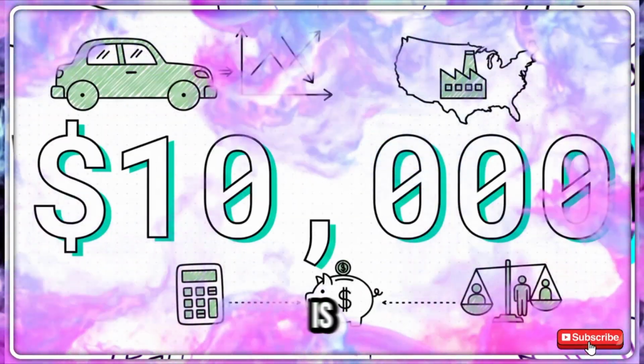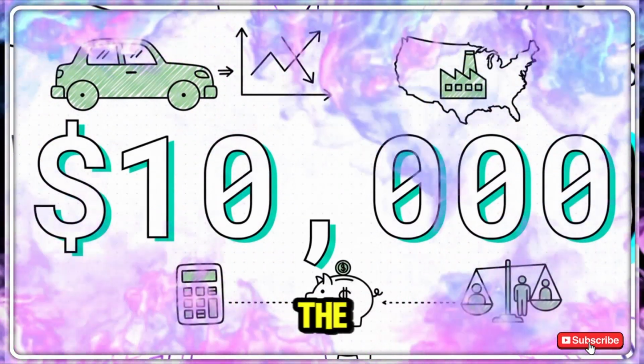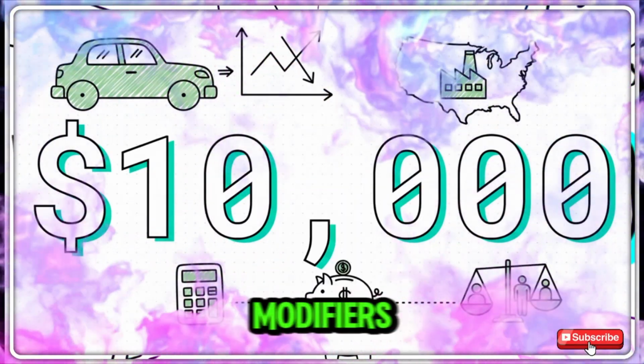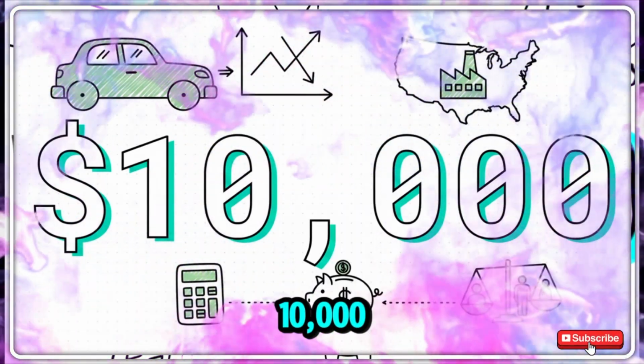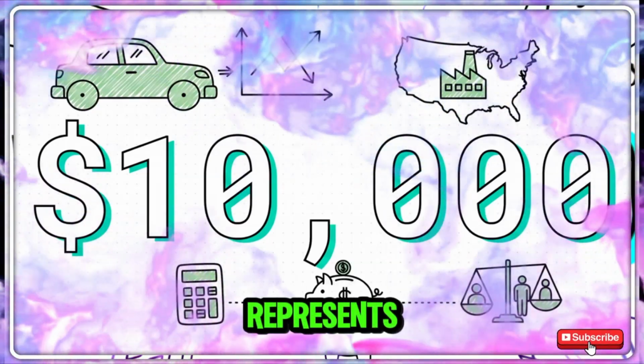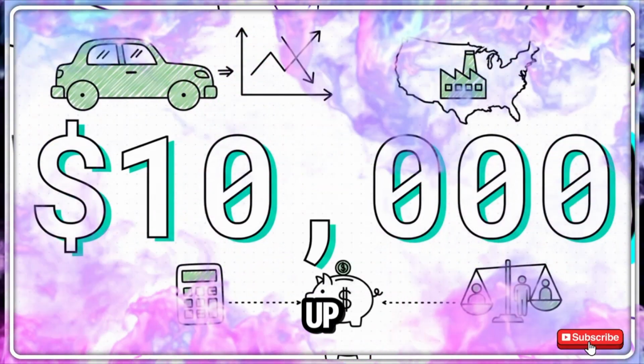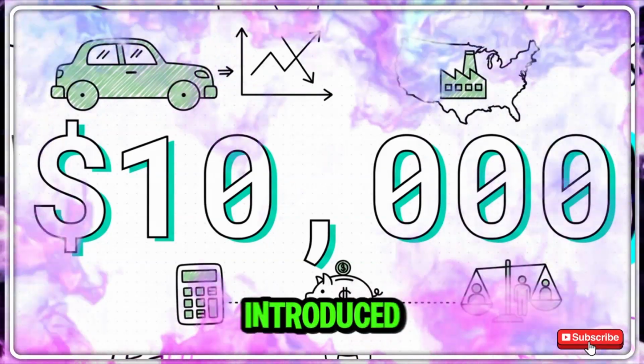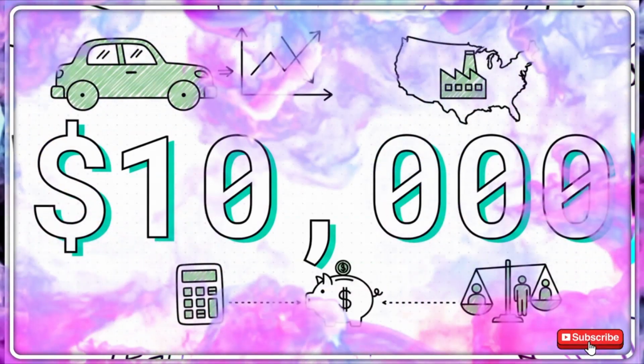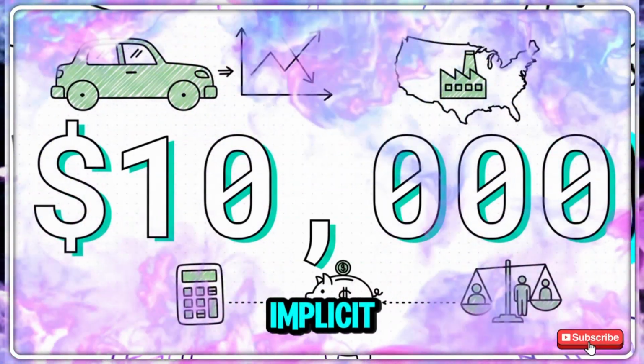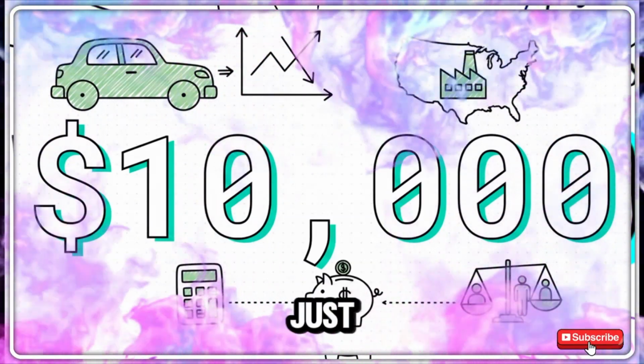The key here is understanding the scale and the sheer specificity of these new modifiers. Take the number 10,000, for example. That represents the actionable threshold, up to $10,000, for the newly introduced auto loan interest deduction. But here's the non-obvious, implicit catch. This isn't for just any car purchase.